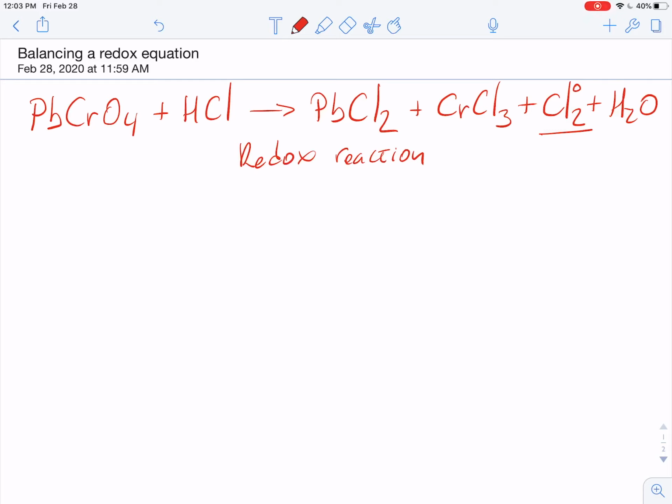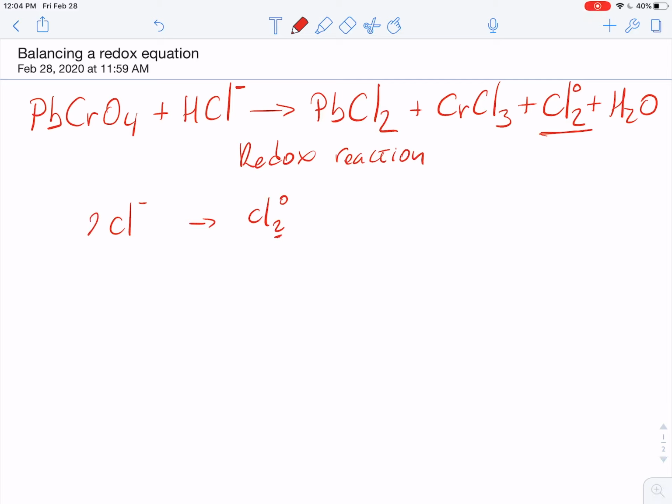Here the chlorine will have an oxidation number of -1. So chlorine went from -1 to chlorine 0. That's the first change when it comes to redox reactions. Because you have the molecular chlorine here, you keep the subscripts when you're doing the half reaction method.